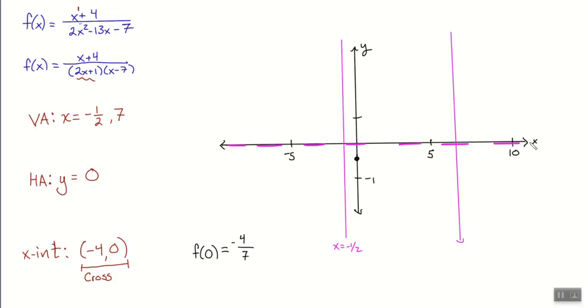Give me like 10 seconds and we can finish this. There's one more point that I get on my graph. Not 7, it's undefined. Not 8. Negative 4, 0, right? So negative 4, 0 lives right here.